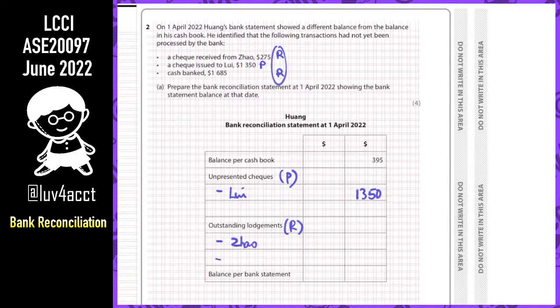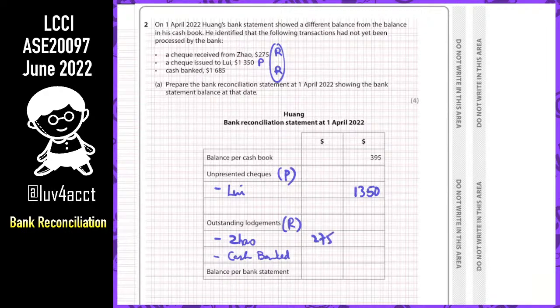And then cash banked, it is 2751685. I haven't put the sign yet, because I want to invite you to think. So we have to think of the direction.